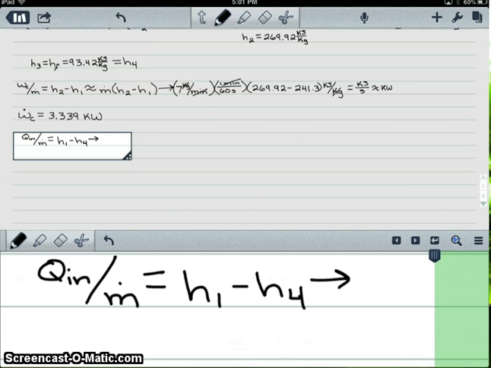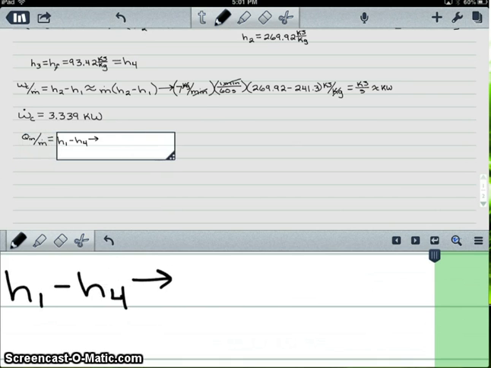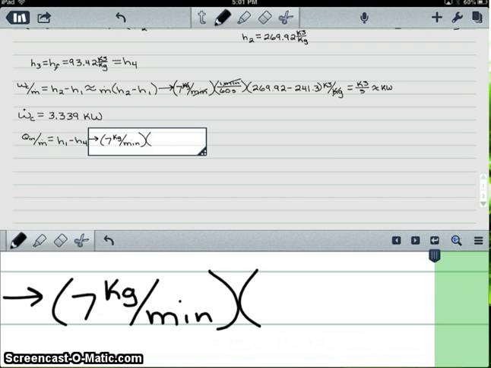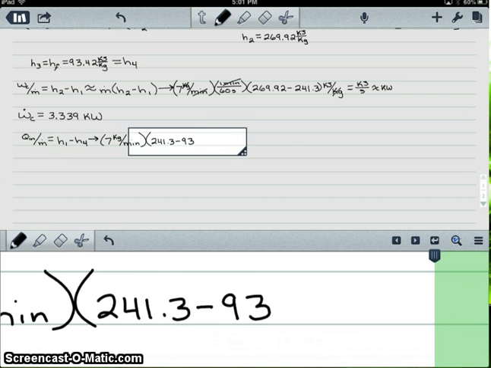All we're going to do is multiply the mass flow rate, which is 7 kilograms per minute, times 241.3 minus 93.42 kilojoules per kilogram.